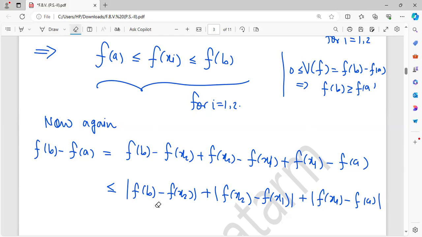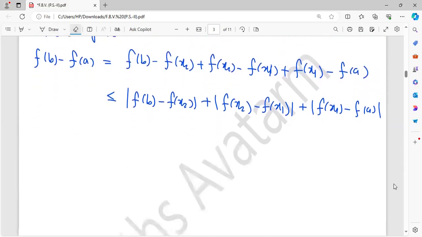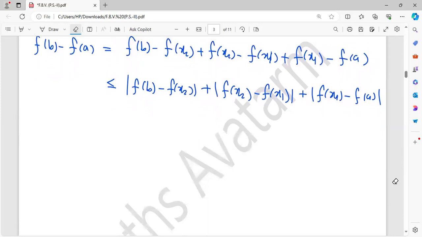This quantity is non-negative and this quantity is also non-negative. But first you observe that this is less than or equal to the variation of f on [a,b], which is nothing but f(b) minus f(a).